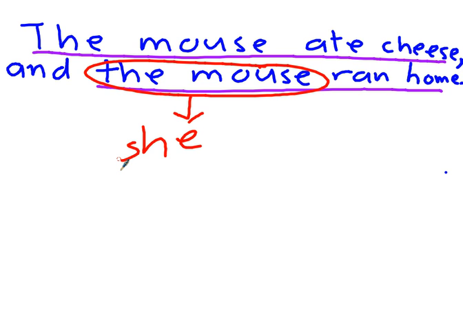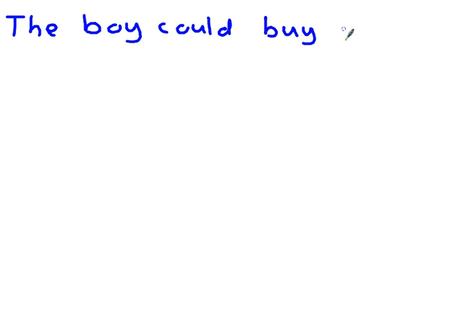Now, I'm going to try 2 new sentences, and we're going to see which coordinating conjunction, and, or, but, or so, we are going to use. Here we go. The boy could buy a fish.